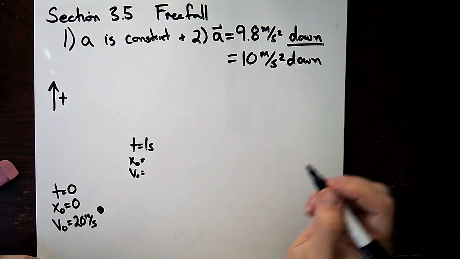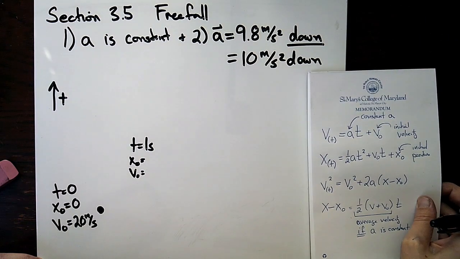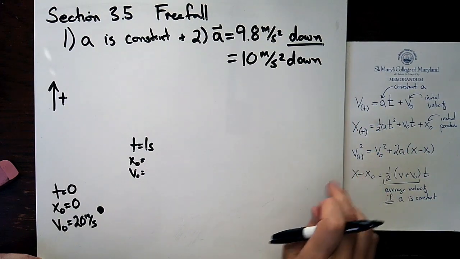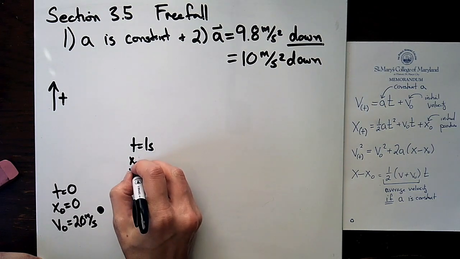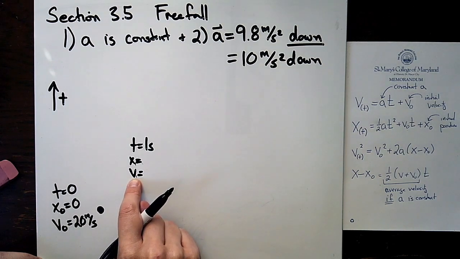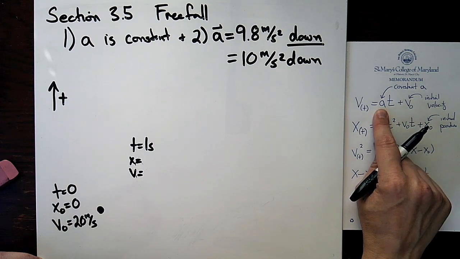Well, for these, we can go back to our constant acceleration equations that we wrote right here. To find the velocity 1 second later, we can use this equation.